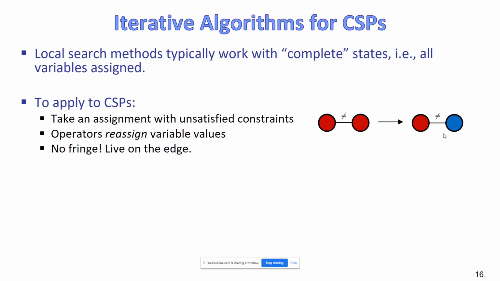So we don't have a fringe, we don't have states that we will explore later. We only consider one state, which is always complete. Of course, it might not be a solution, it might violate some constraints, but then in iterations, we change a variable to a value, and that value we choose in a specific way so that we get closer to the solution.